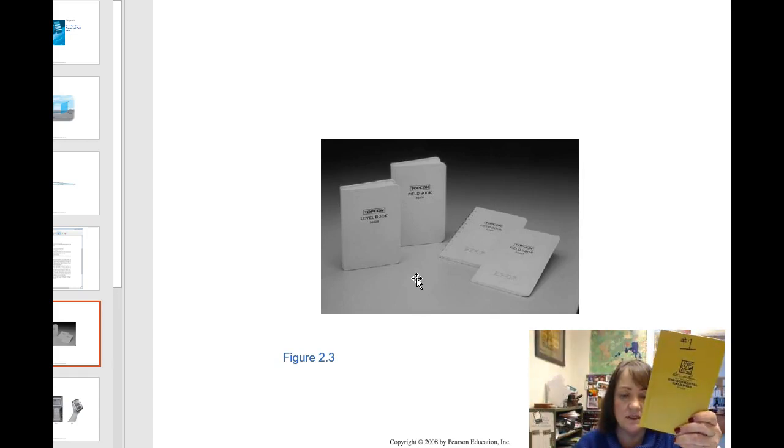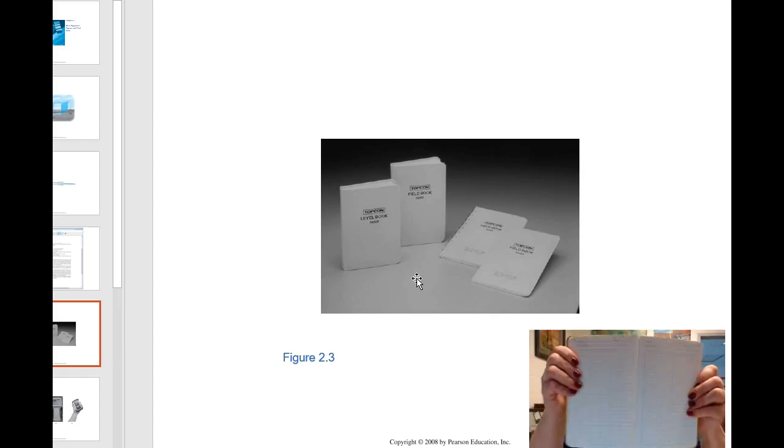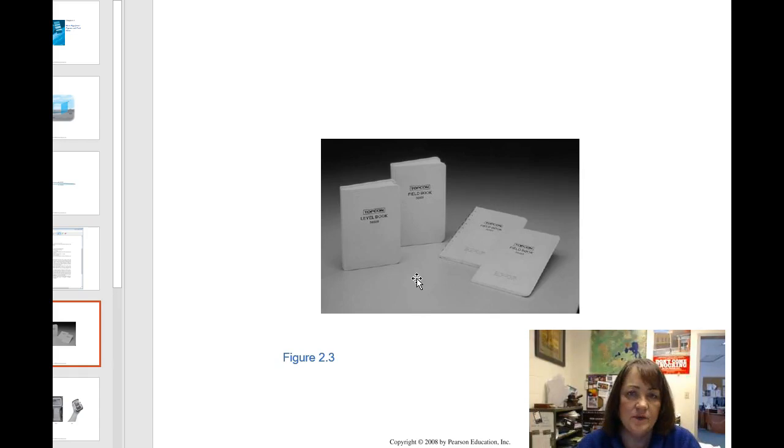But this is the one that we talked about in class specifically, where the edge is bound. And the other important thing about a field book is that this constitutes one page, and you'll notice that on this side you have columns, and on this side you have a graph or grid paper, so that you can keep a record of all of your information on the same page.